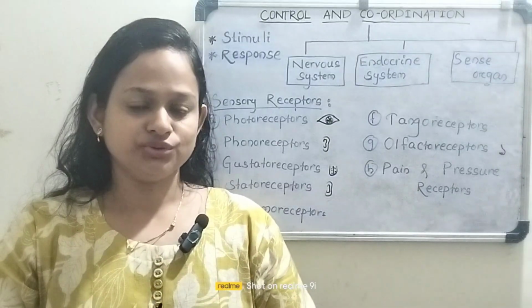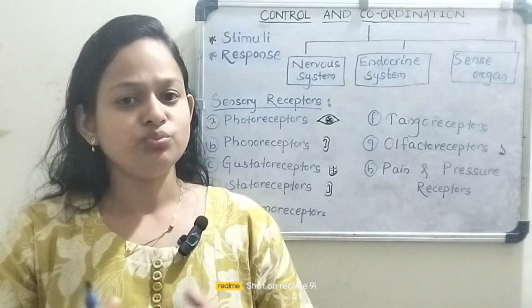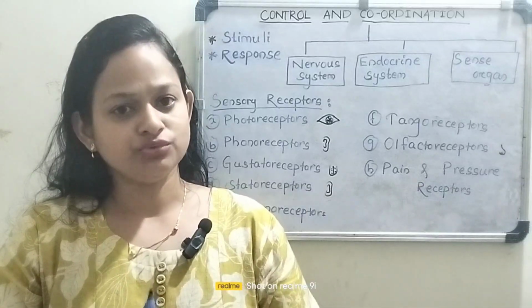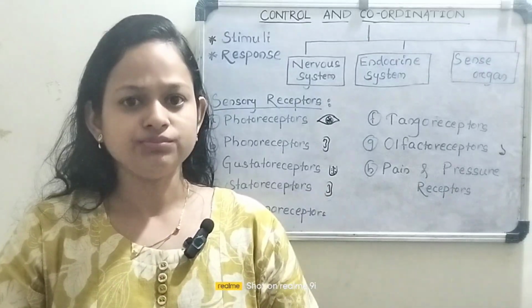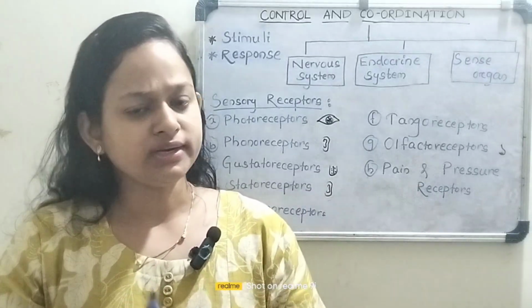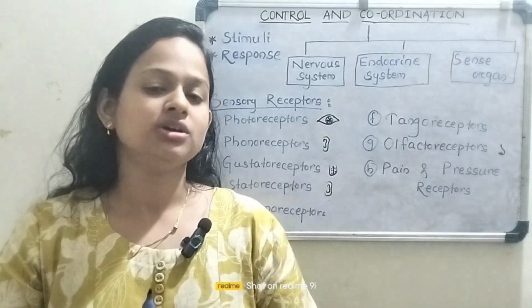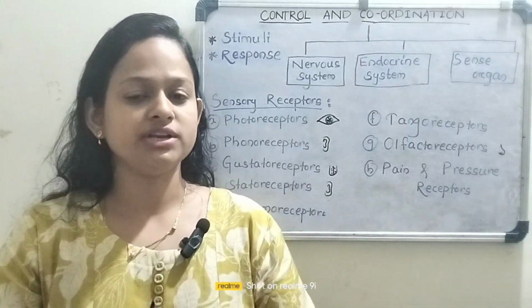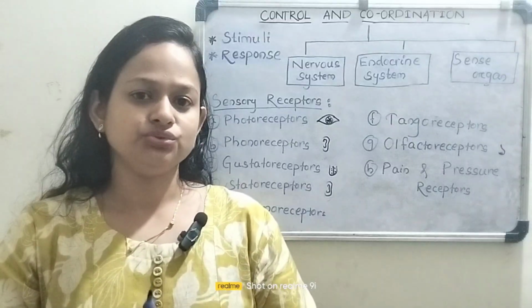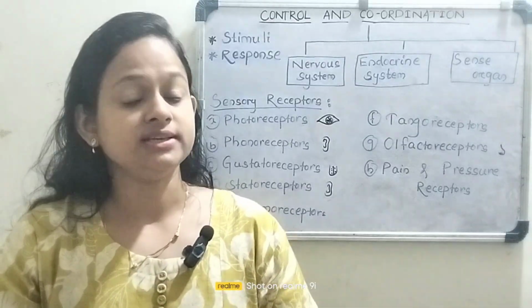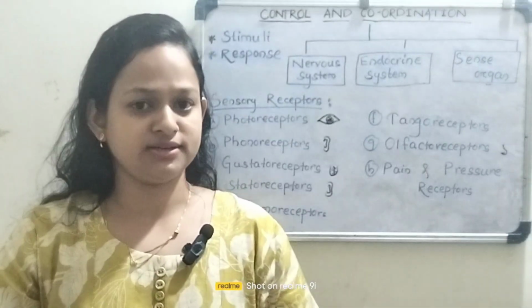So to ensure these movements, the animal should possess a well-developed system of control and coordination. So the adequate control and proper synchronization of various body parts to give response to the stimuli is known as control and coordination.